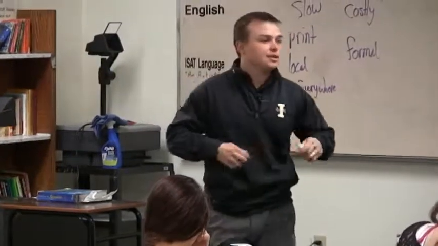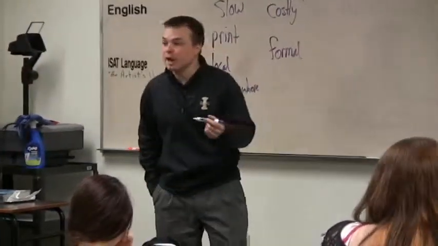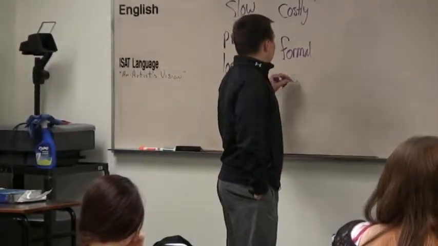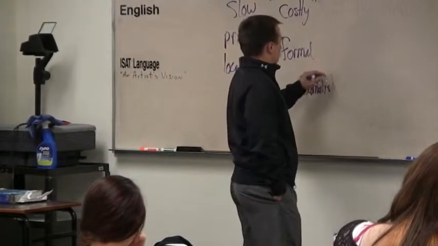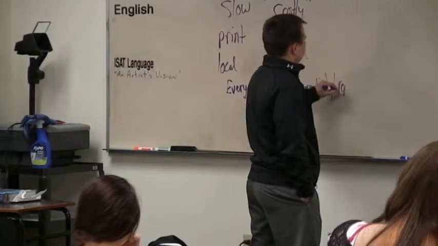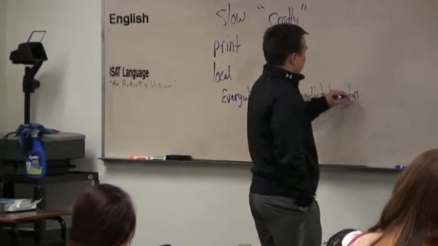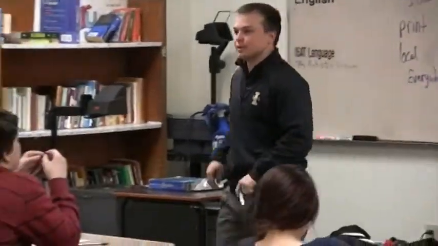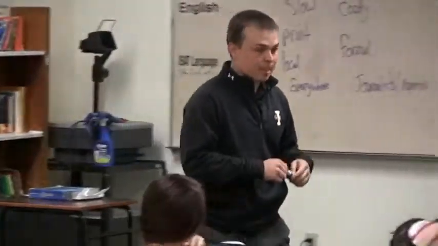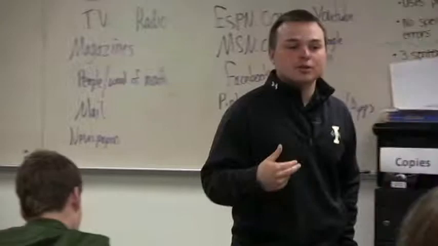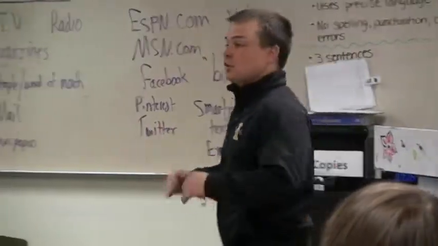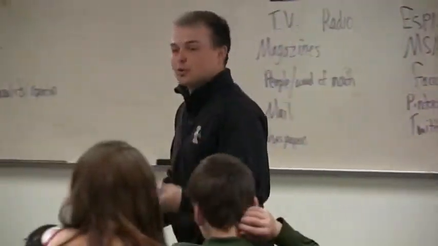And in order to do this, in order to have formal writing, you're going to have journalists and reporters. That's who gives us this information. We have reporters at the Gazette Record who go out and they research stories.